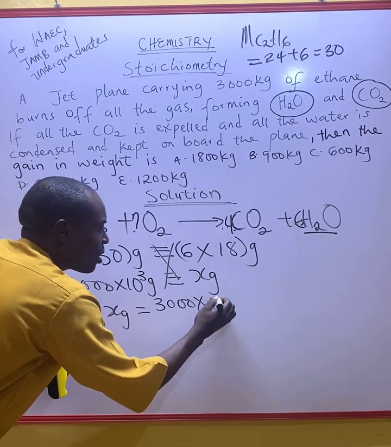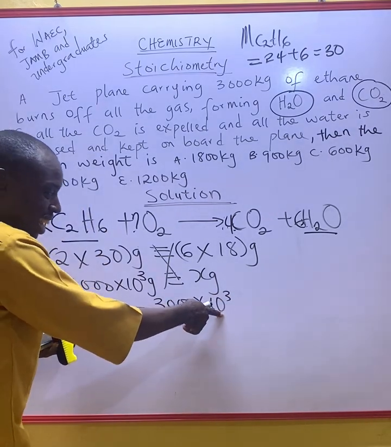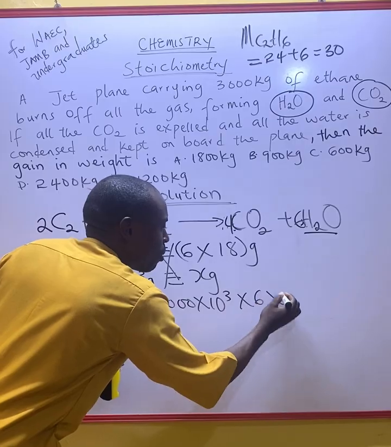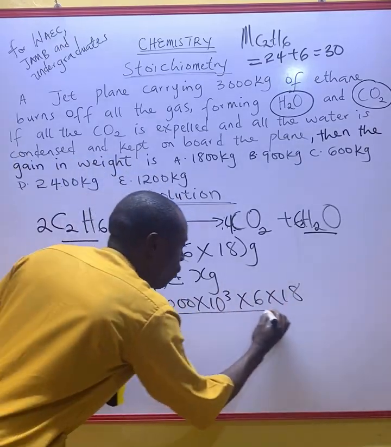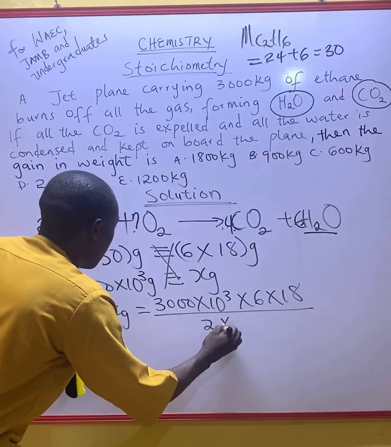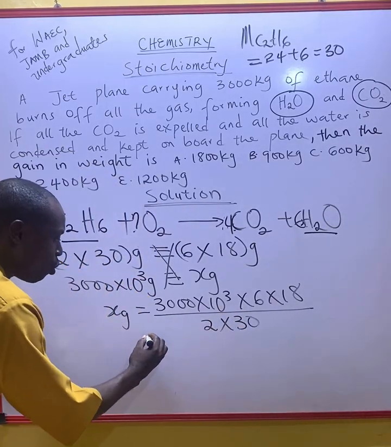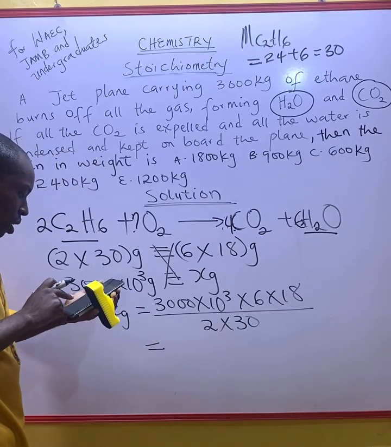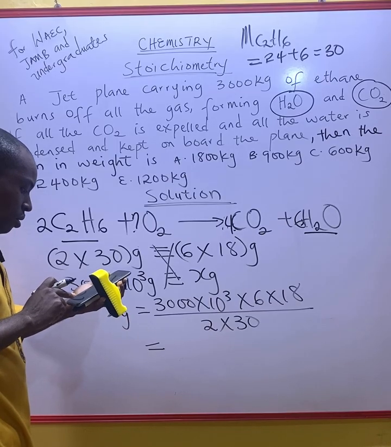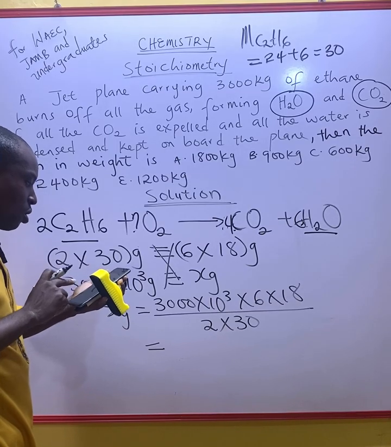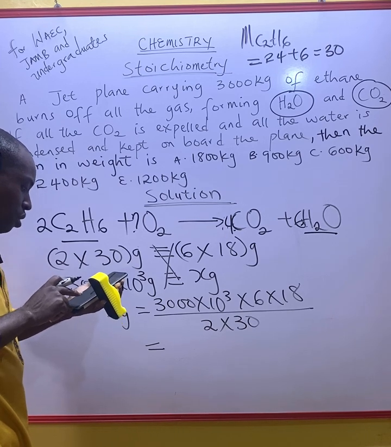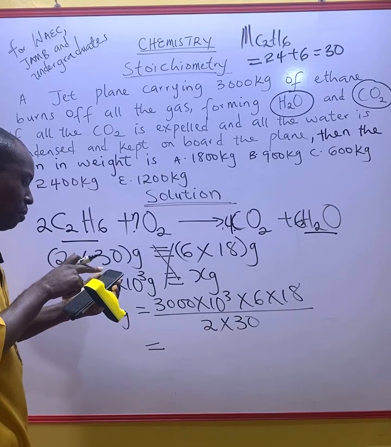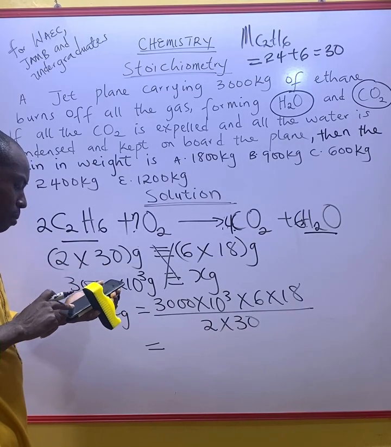When you cross multiply, it will now be x gram of water is equal to 3,000 times 10 raised to power 3, multiplied by 6, multiplied by 18, over 2 multiplied by 30.